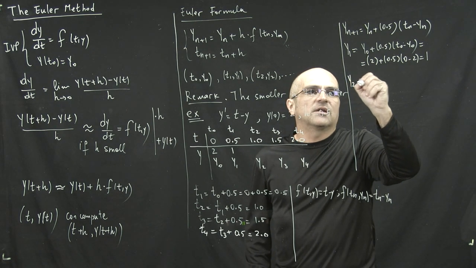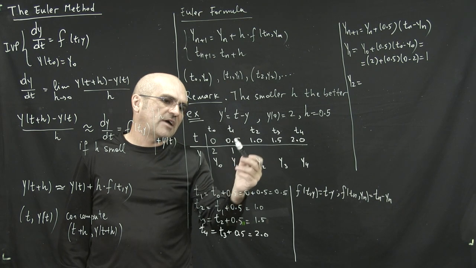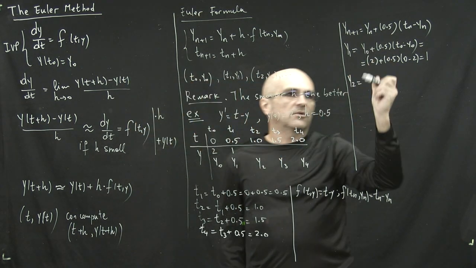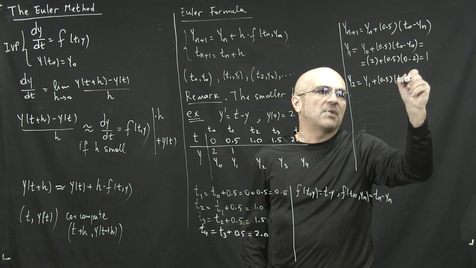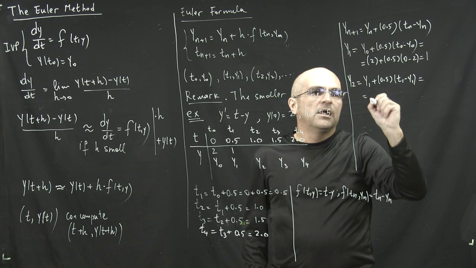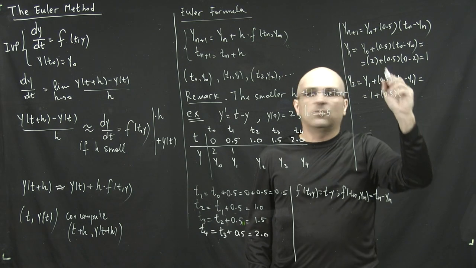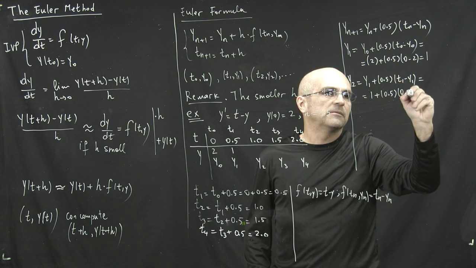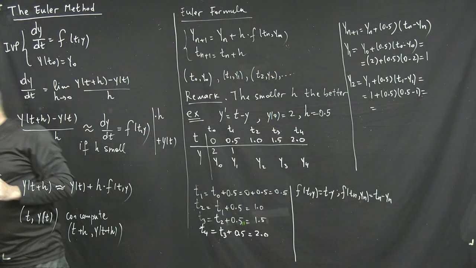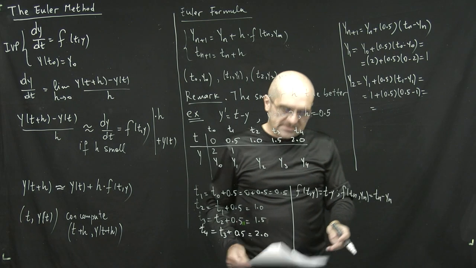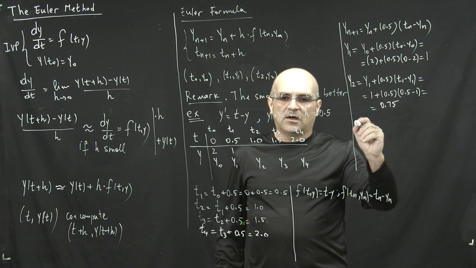Then you compute the second one. Now you replace the right hand side of the Euler formula with the next pair, 0.5 and 1. So we have y1 plus 0.5 times t1 minus y1. y1 is 1, t1 is 0.5, so 0.5 minus 1, and using the calculator that gives you 0.75.